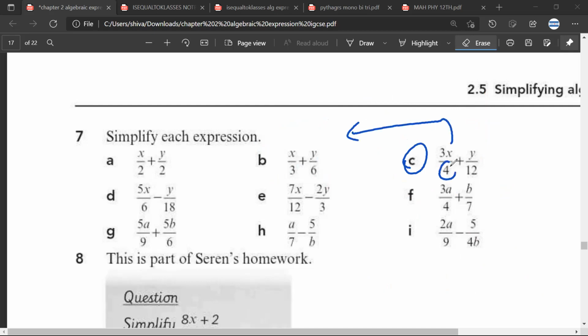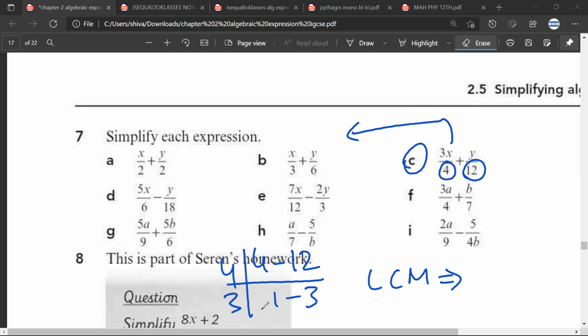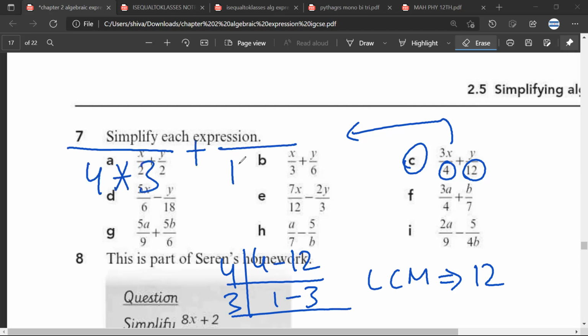So you find the LCM. What is the LCM? So the 12. Okay. So we will multiply both. So we multiply y with 4, I mean, with 1, and 3x with 3.